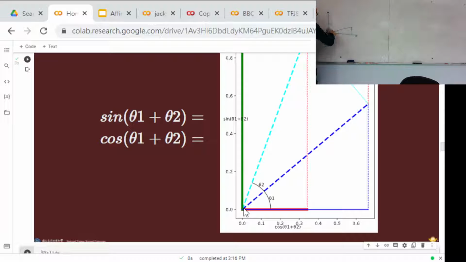So first, alpha, beta, two angles, and I want to figure out, if this is unit length, so it's the length of 1, then what's the cosine of alpha plus beta?